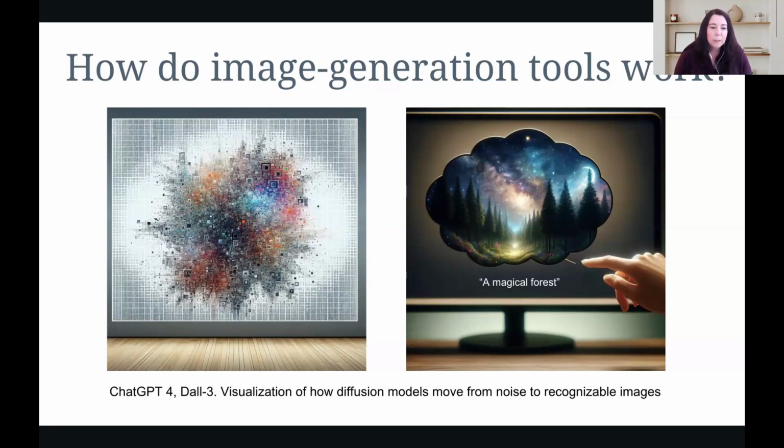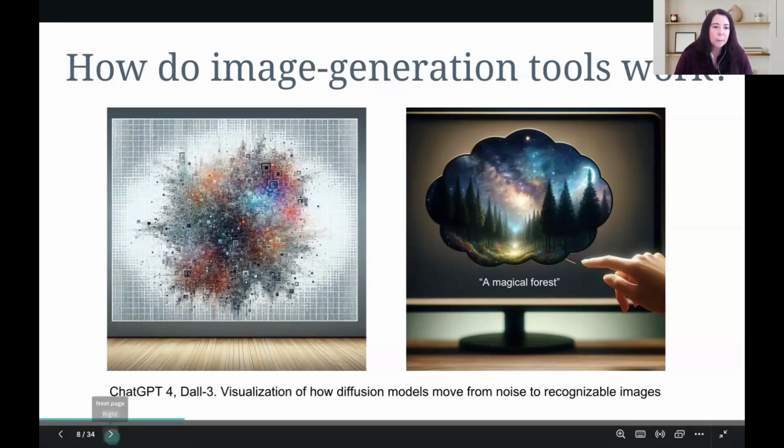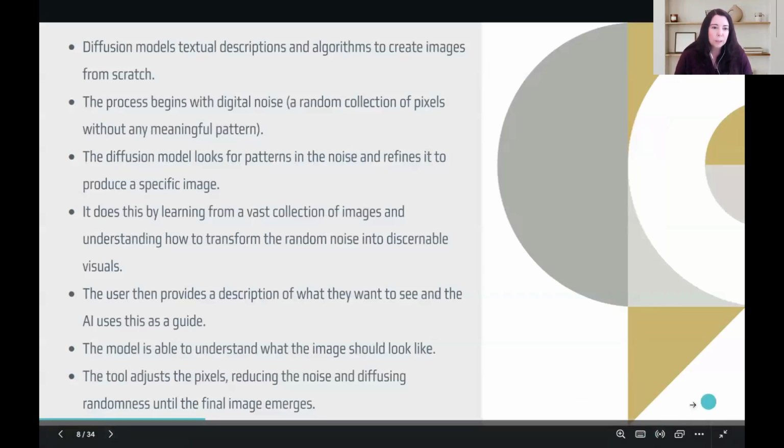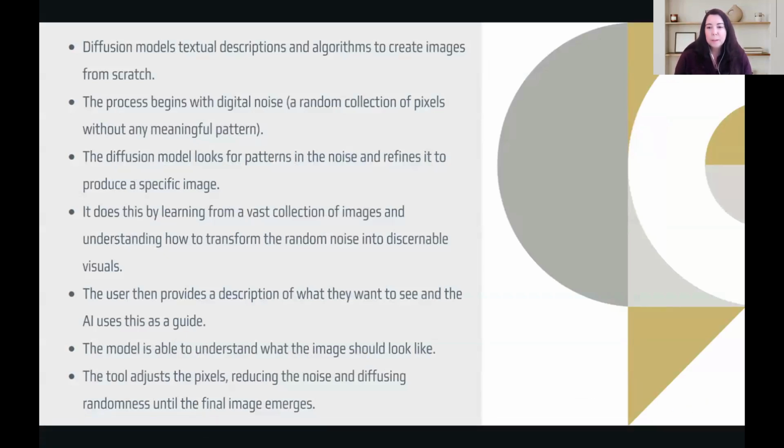So if you can move to the next slide, we'll talk a little bit about how those diffusion models work. Using diffusion models, any user can create images from scratch with textual input, which is pretty exciting, especially for people like me with no artistic ability. When I think about using text to image models, I like to think about having a canvas on which I want to paint a picture.